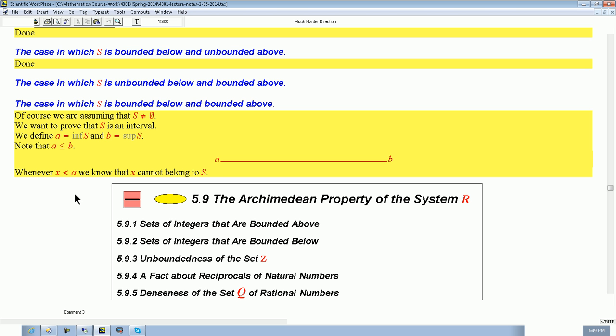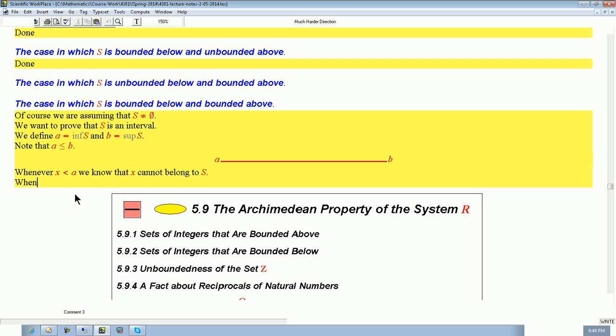When X is less than A, we know that X can't belong to S. And there's a "because," and you'll write more than I wrote. Okay? Now I'm going to tell you, whenever X is greater than B, that's in the no man's land up here. You see? Should we still use the same variable? There is no X anymore because after the period, the X disappeared.